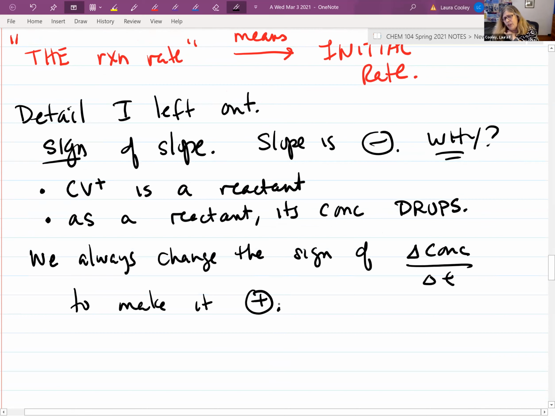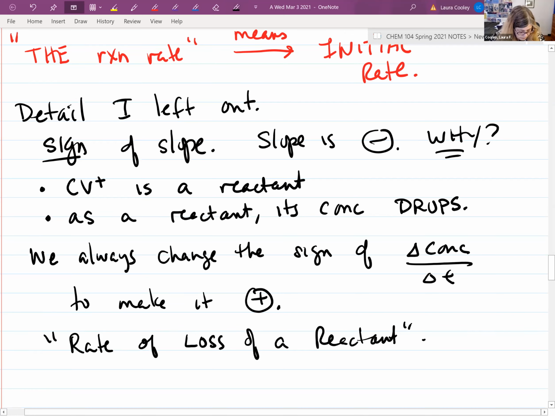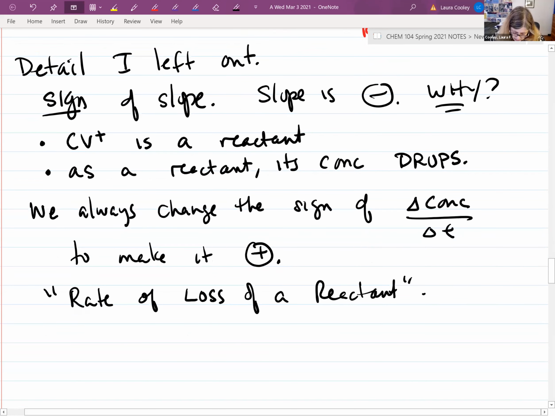You could think about it for a reactant as being the rate of loss of a reactant. So here, the rate is actually the negative of the change in the crystal violet concentration.